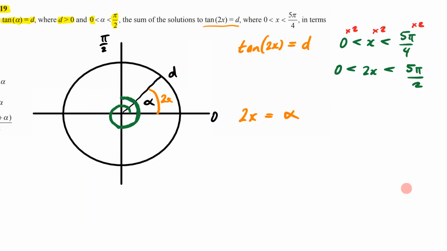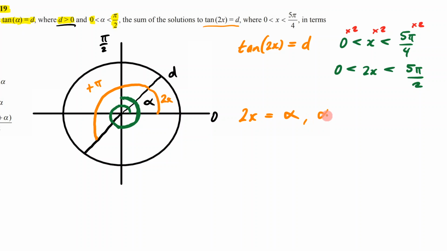And because I know that my domain here is between 0 and 5 pi on 2, I'm going to have more than one solution. My solutions are going to be, because I know that my d is greater than 0, all the quadrants in which my tan is positive. I know it's positive in the first quadrant, and I know it's positive in the third quadrant. So that means if I want to find what my solution is for down here, I'm going to go like this, which means I'm going to be plussing pi.